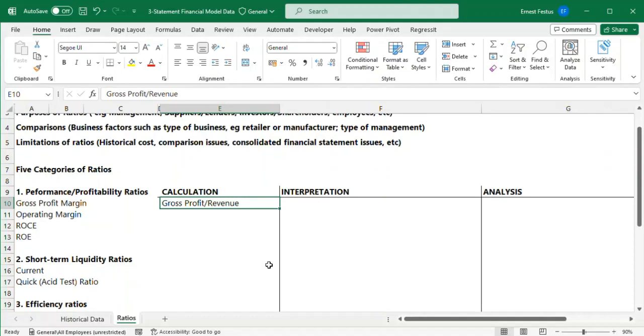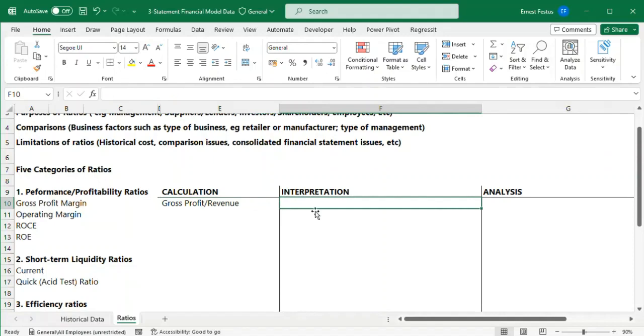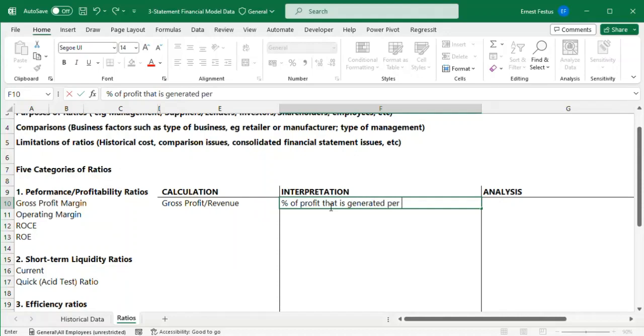Now, what does the gross profit margin do? The gross profit margin is the percentage of profit that is generated per every dollar of sale.